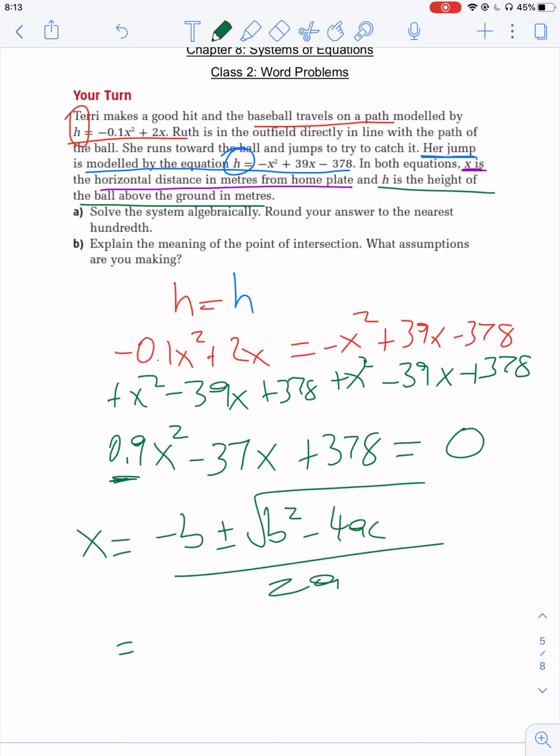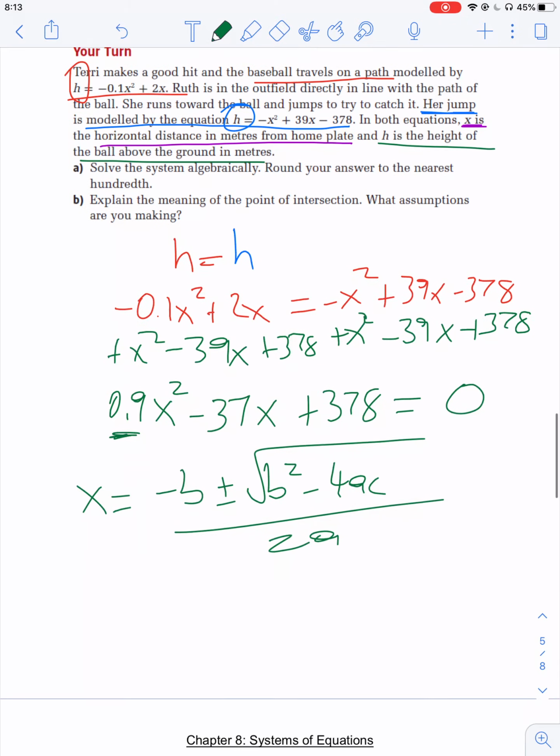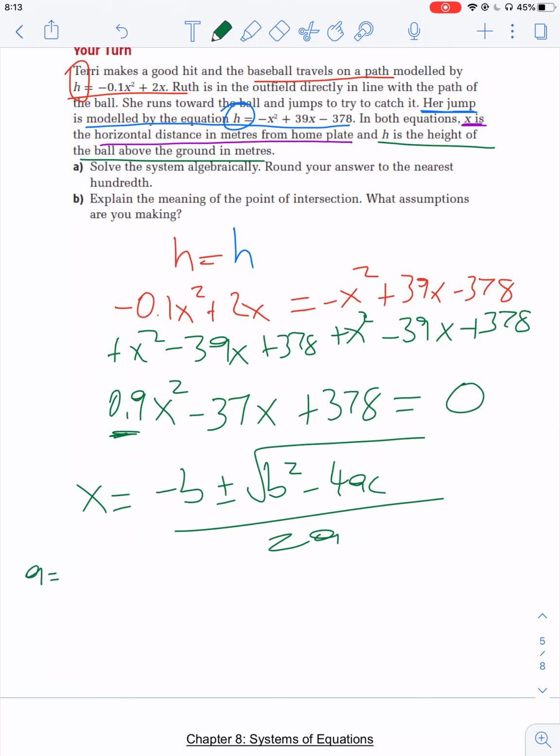So again, I'm not going to solve this because it will take me forever. What I'm going to do is just list down the values. So A is 0.9. B is equal to minus 37. And C is equal to 378. Plug that into your formula here, and then you're going to get two x values.